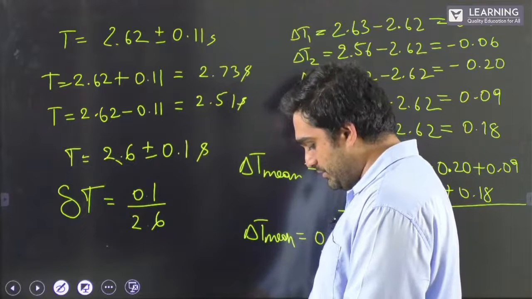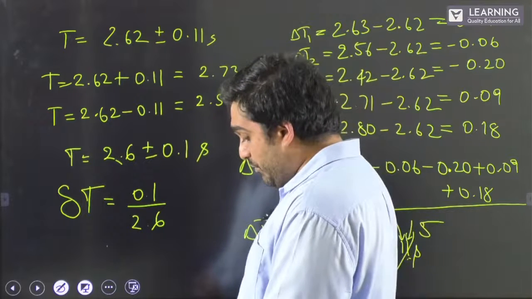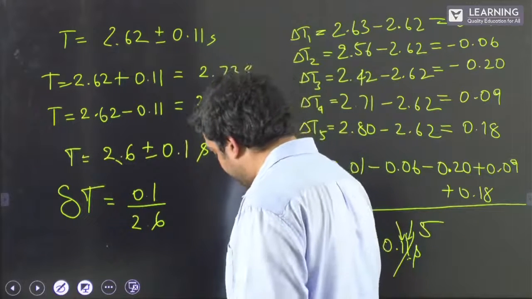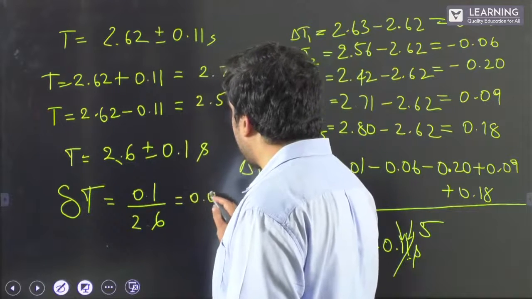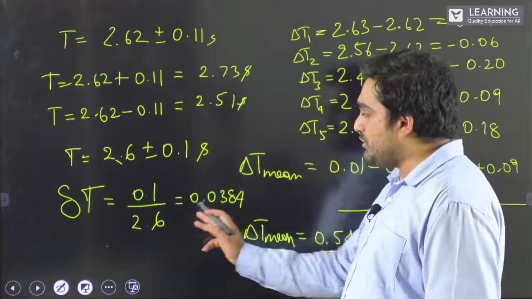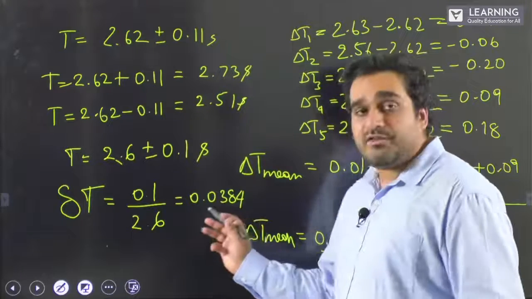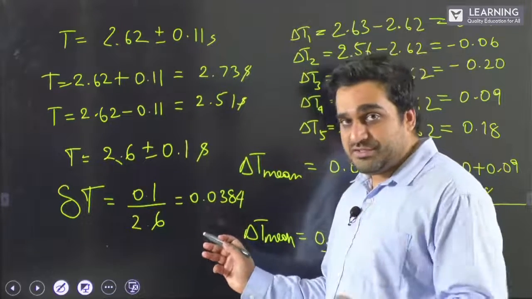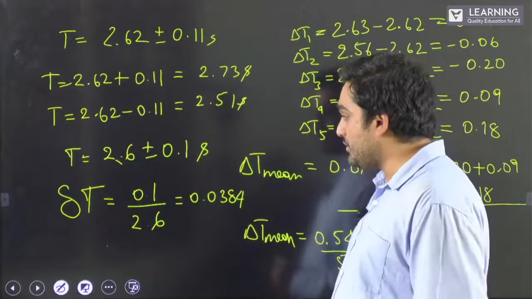I'll do it as well. 0.1 divided by 2.6 is about 0.0384. This is your relative error. Relative errors do not have units, so kindly don't make a note of units.